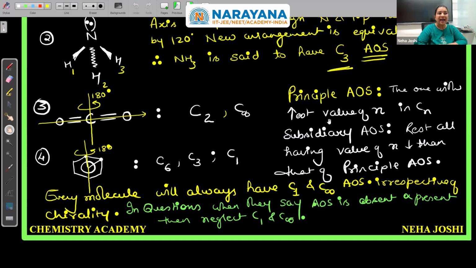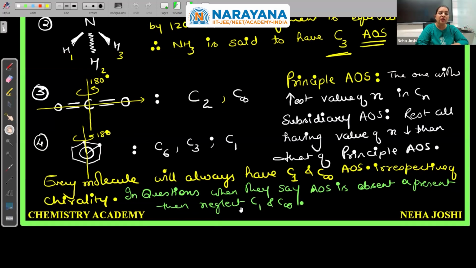Agreed? The one with highest value of n is taken as Cn, and the others are called subsidiary AOS. Rest all having value n less than that highest are called subsidiary AOS. Yes, there are possibility of more angles. So it is said the one with a maximum value of n is taken as principal axis of rotation.